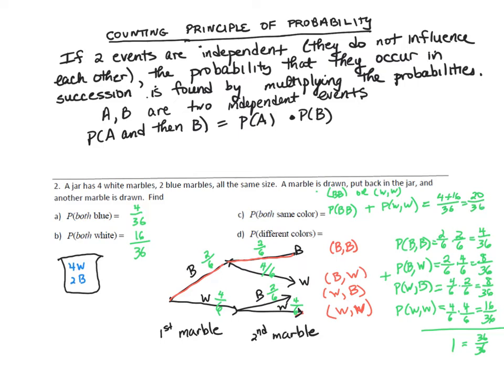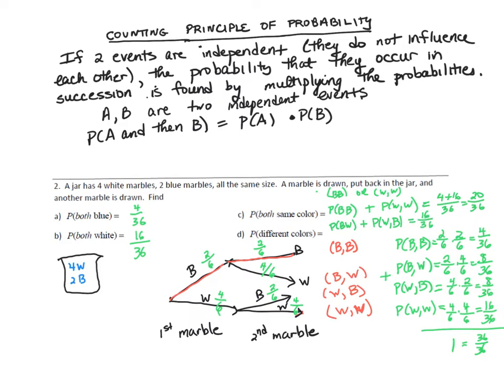The probability that they're different colors, again, that's an or situation. We could have a blue-white or a white-blue. And if we add those probabilities, we have 8 over 36 plus 8 out of 36. That gives us 16 out of 36.